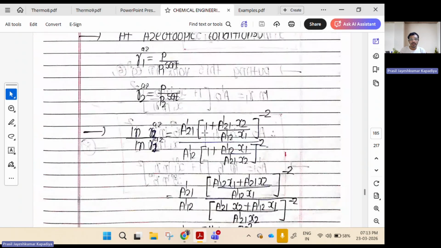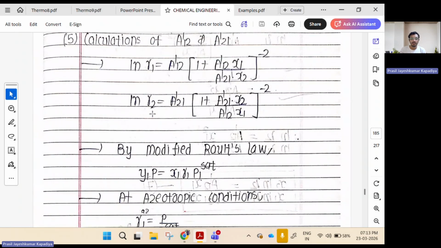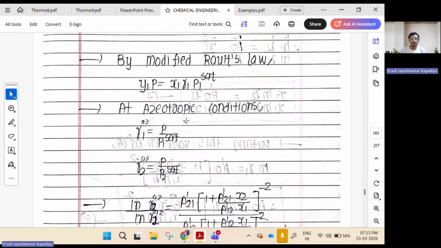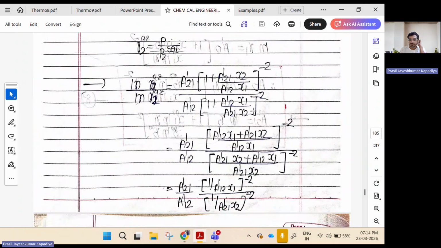I will just keep the screen open. What I did was take the ratio ln gamma 2 by ln gamma 1, this term divided by this term. Then I multiplied by A12 prime x1 plus this, divided by A12 prime x1.